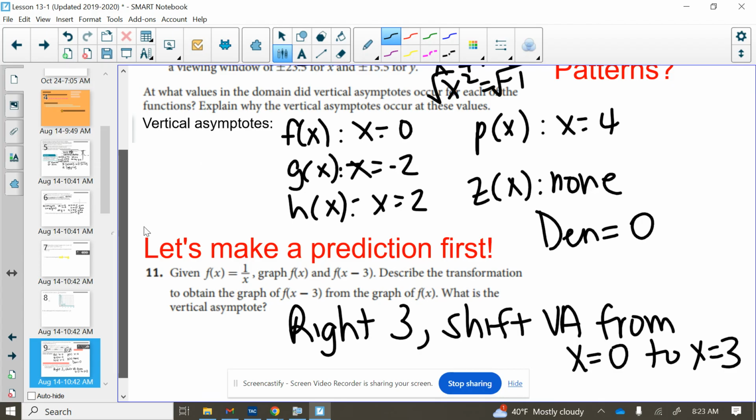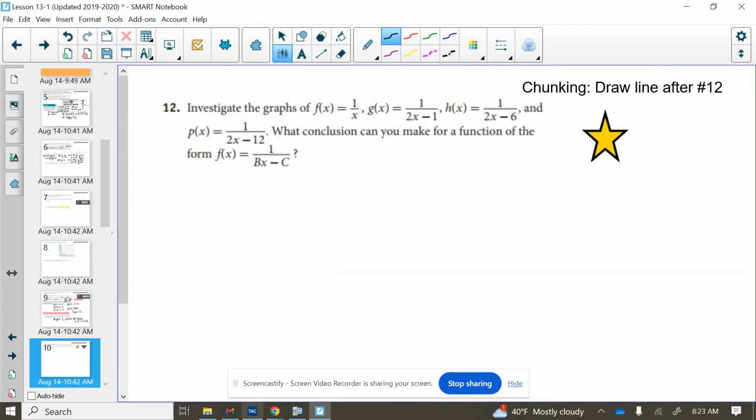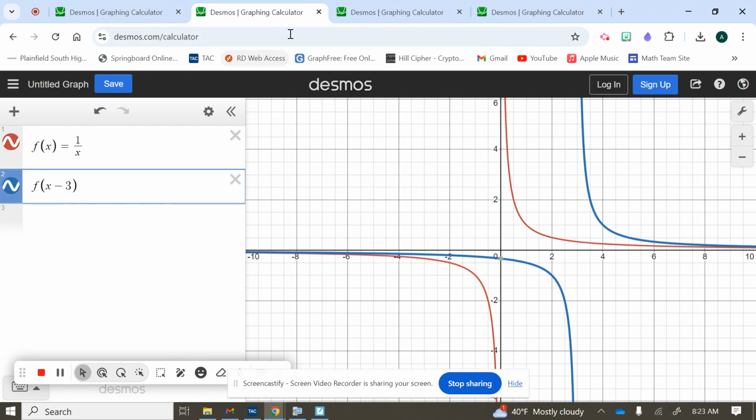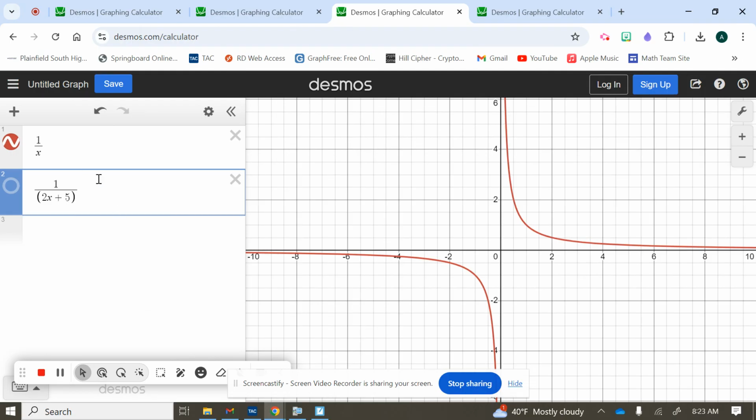And we're going to notice that pattern kind of continuing as we go on and look at some others with our asymptotes.